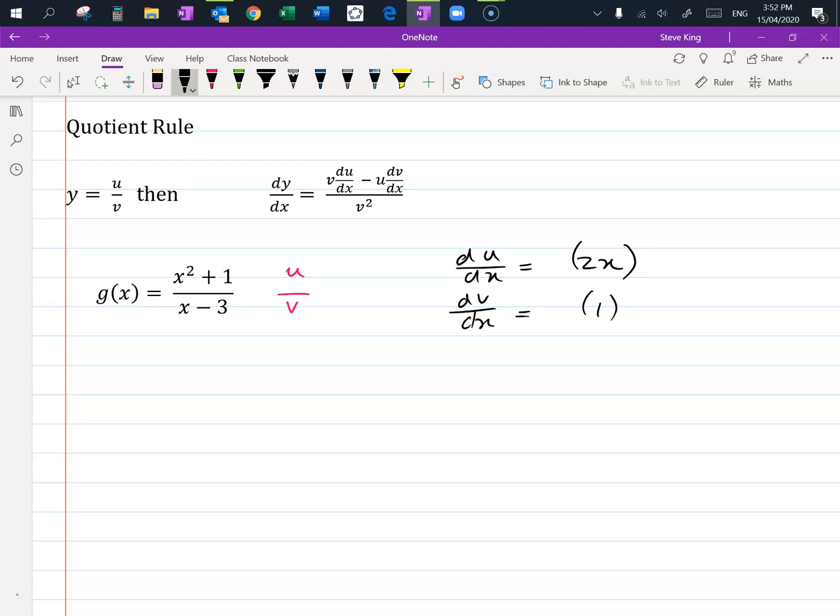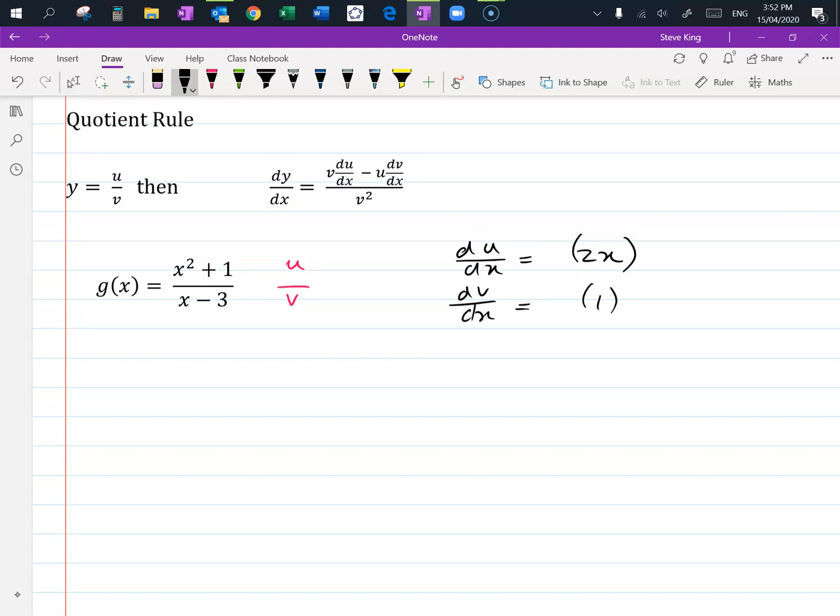Right, having got that bit sorted, I can say g dash of x is going to be the denominator, v, that's x minus 3, multiplied by the derivative of the numerator. Derivative of 2x plus 1, that's going to be 2x. Minus the numerator.